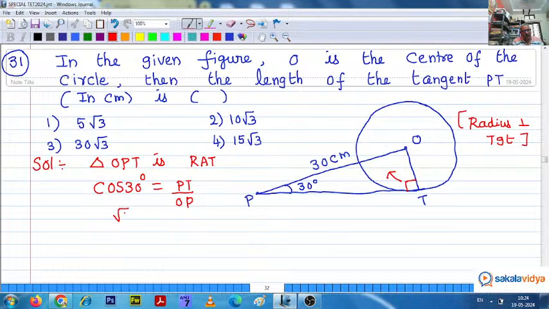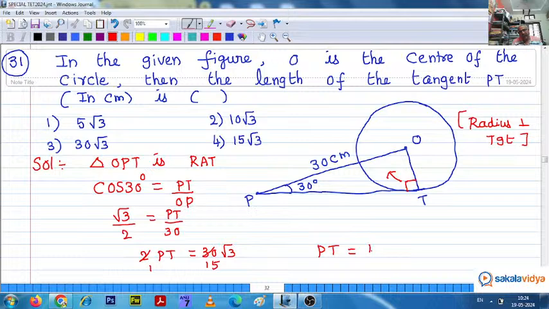So cos 30 means root 3 by 2 equals PT upon OP. OP is 30. So now 2 PT is equal to 30 root 3. Therefore PT is equal to 15 root 3 centimeters. This is the answer.